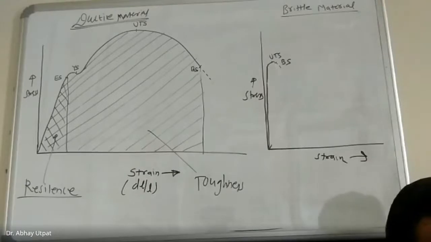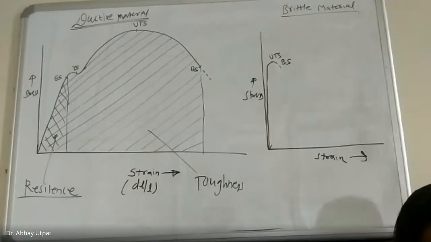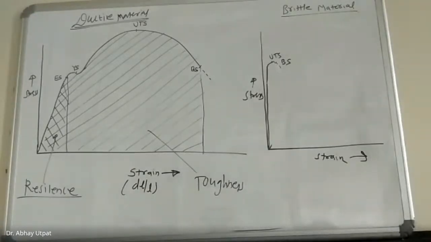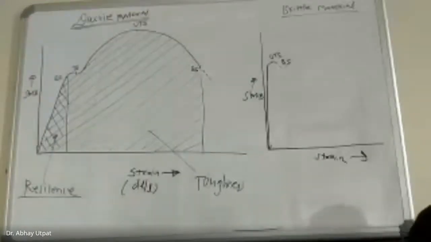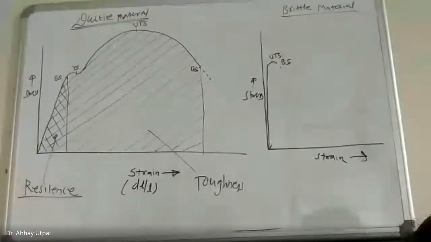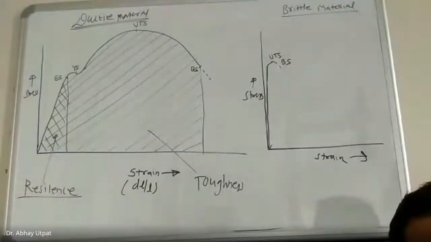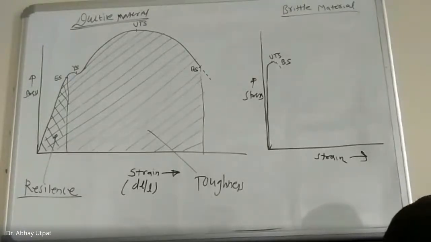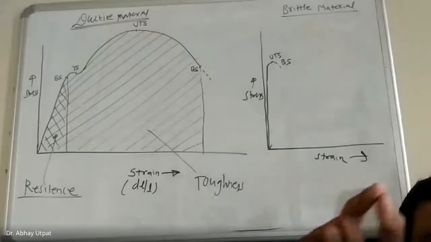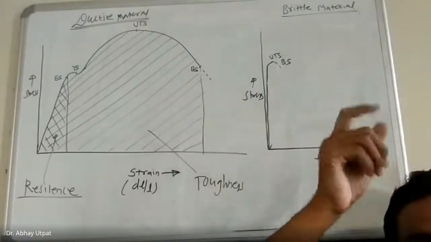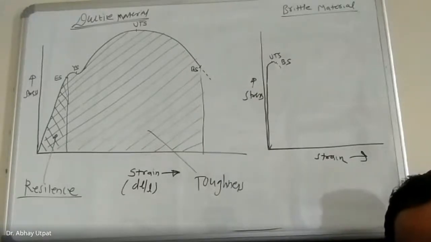Full stop. It is energy absorbed by the material prior to fracture. Means before fracture. Full stop. Now make star mark or underline. Tensile test gives true toughness.